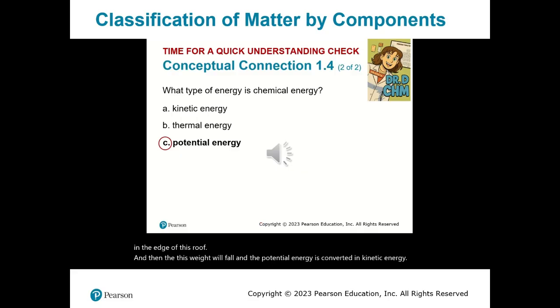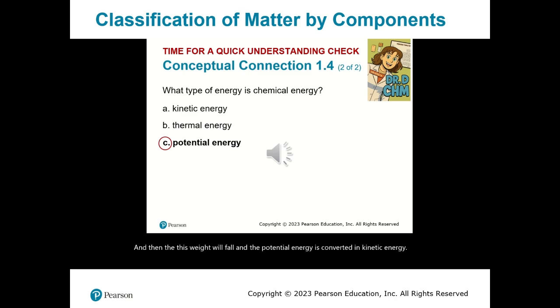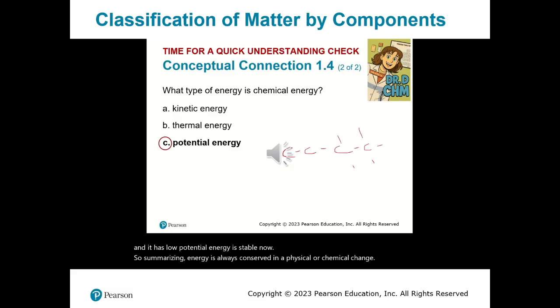Okay, so let me just grab my pen over here. It's better to draw. If I have, let me see, a structure over here, that's butane.